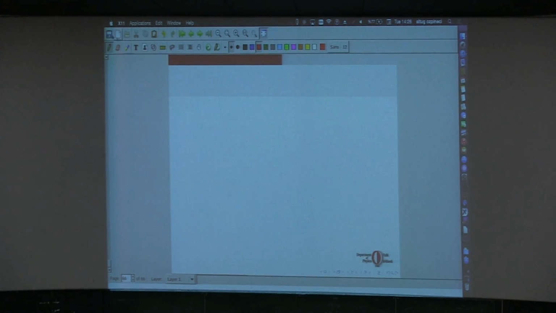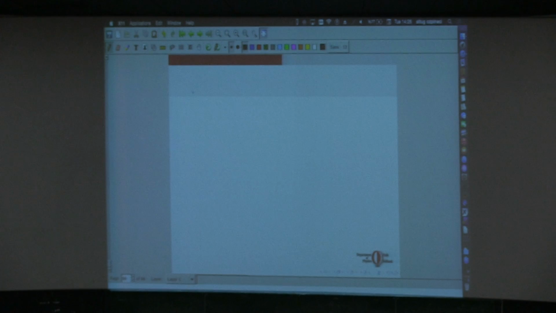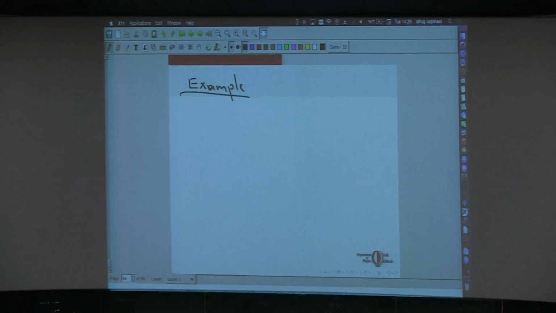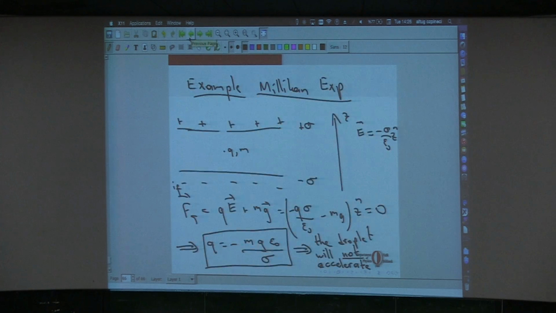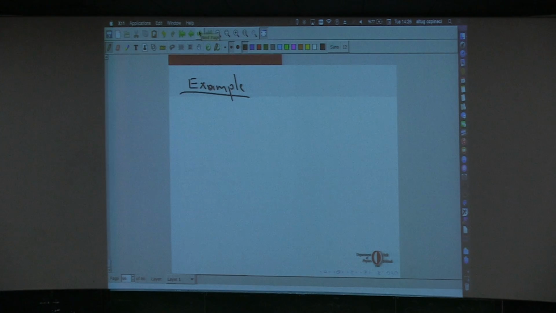Let's do another example then. Let's just imagine we have a region of space where we have some uniform electric field. We can create it by putting two almost infinite plates, and then in between we have a uniform electric field.